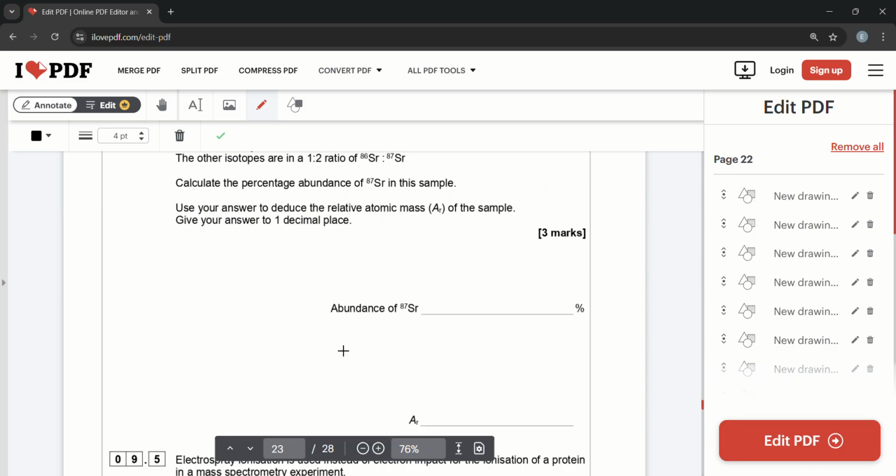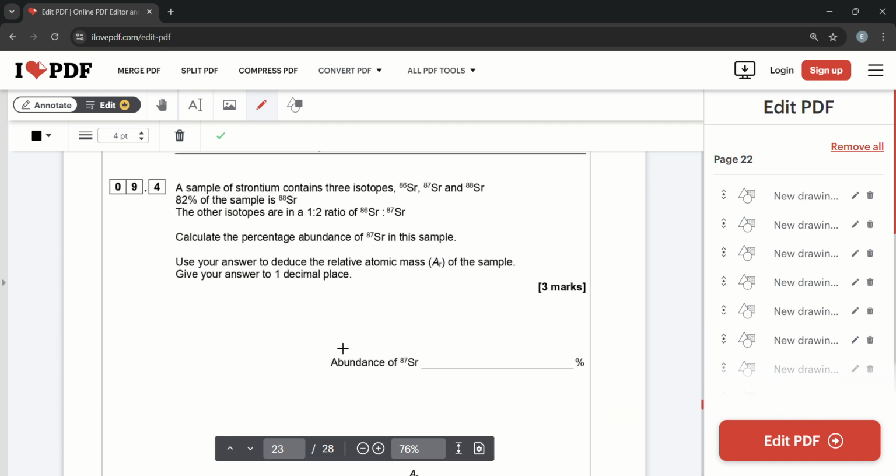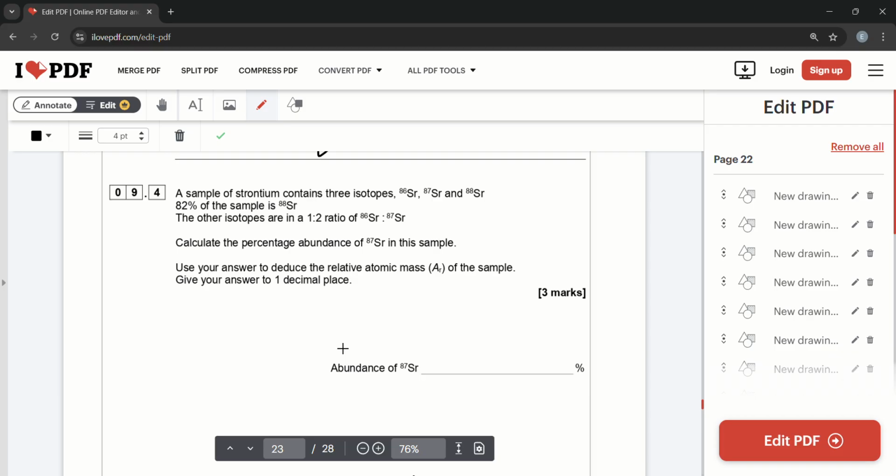And then 9.4 and then 9.5. 9.4, a sample of strontium contains 3 isotopes: 86Sr, 87Sr, and 88Sr. 82% of the sample is 88Sr. The other isotopes are in the 1:2 ratio, 86Sr to 87Sr. Calculate the percentage abundance of 87Sr in this sample. How do we find out the abundance of 87Sr?